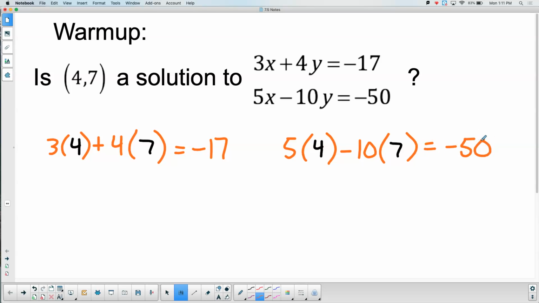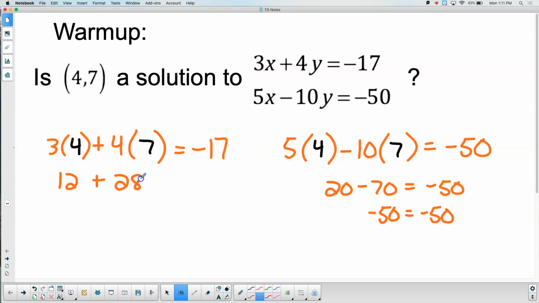Over here, we get 20 minus 70, which is -50. That one works out because -50 is equal to -50. So we're good there, but if we would have tried it in this one, 12 plus 28 is not -17. So not a solution.